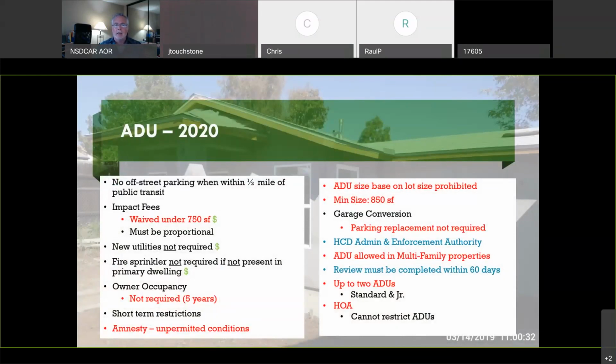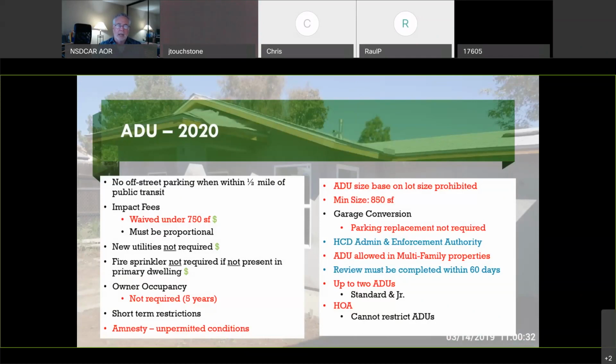We weren't getting a lot of cooperation from some of the building departments on adjusting what we thought the impact fees should be. So there were a lot of complaints. This was all being administered by HCD, Housing and Community Development, a state agency. They were sort of hamstrung because they could not enforce a lot of these restrictions.